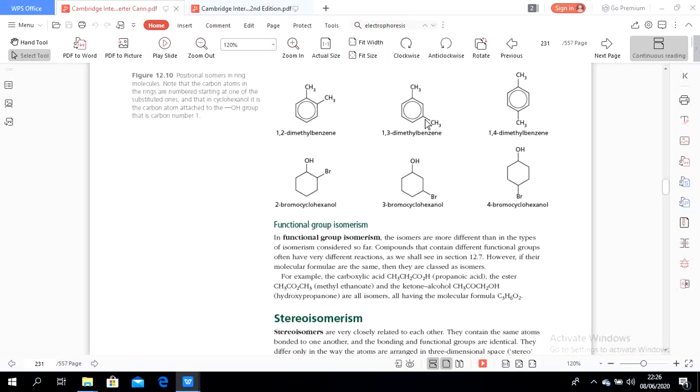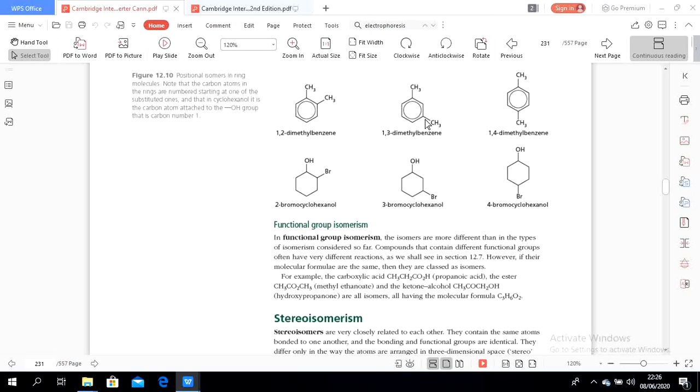For example, the carboxylic acid propanoic acid, the ester methyl ethanoate, and the ketone alcohol hydroxypropanone are all isomers having the same molecular formula, C3H6O2.